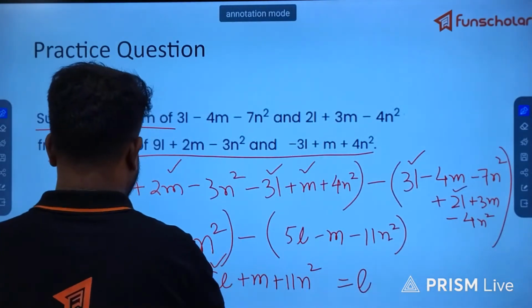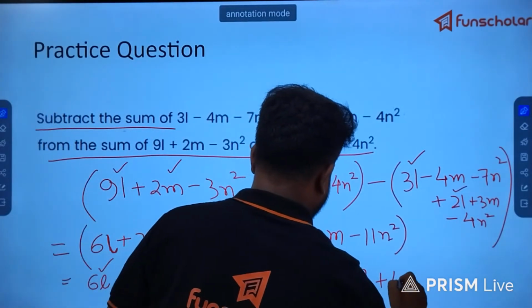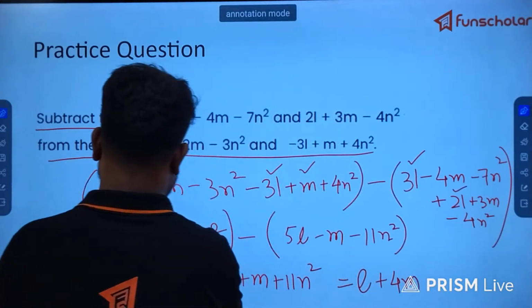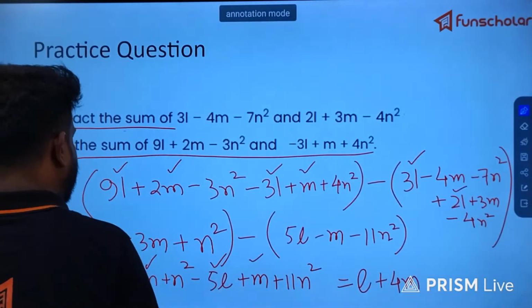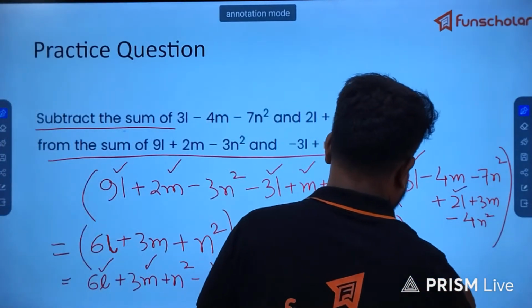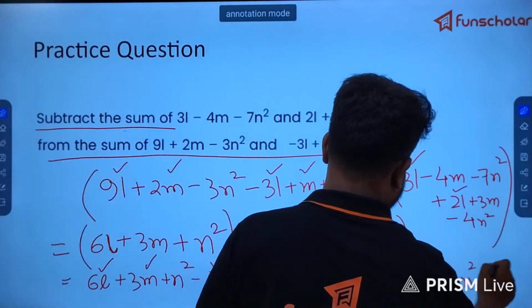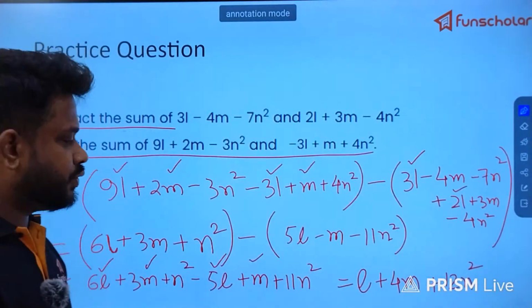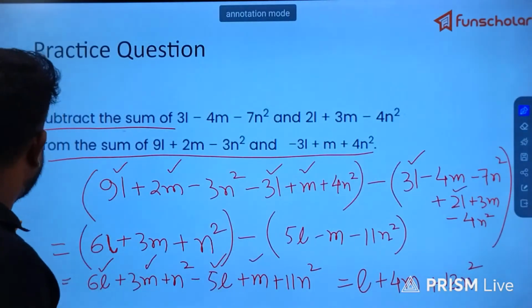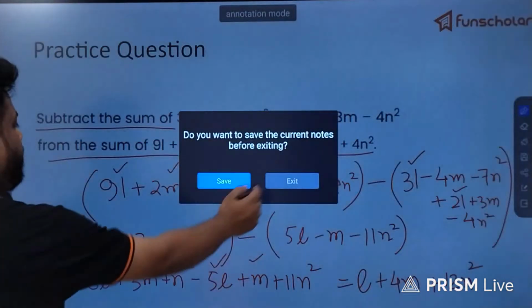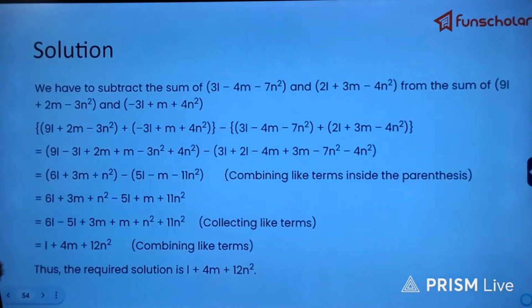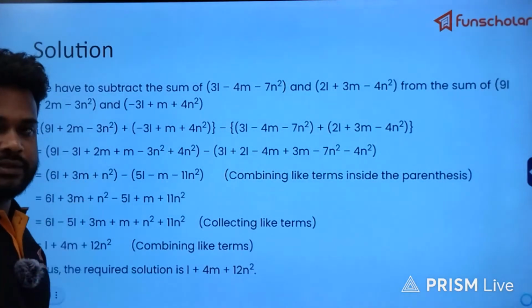From the two m we will be getting 4m, and from the two n square we will be getting 12n square. So this is the final answer: l plus 4m plus 12n square. Yes, the answer is right, and they also have done it like this.